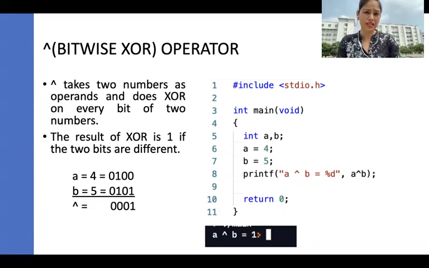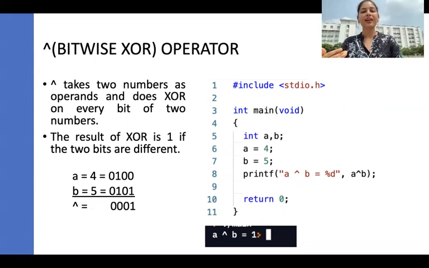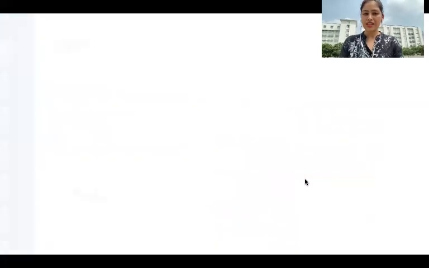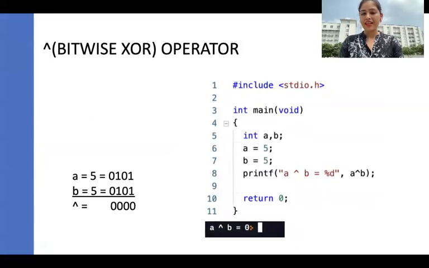But if both the bits are the same, for example, 0, 0 or 1, 1, then you're going to get the result as false, right? And the symbol for the bitwise XOR is this cap symbol, right? Next you have the bitwise NOT operator. But before the bitwise NOT operator, let's see another example of the bitwise XOR.